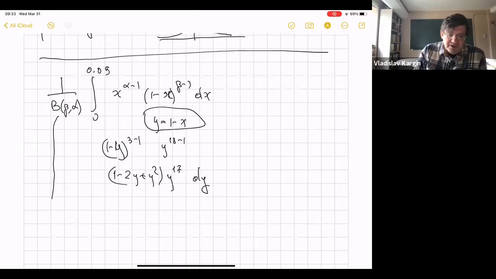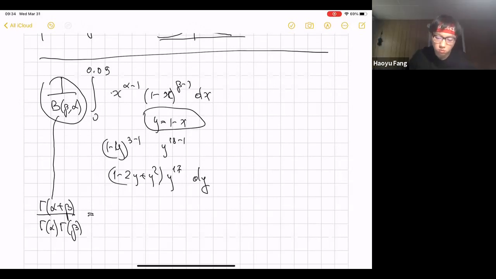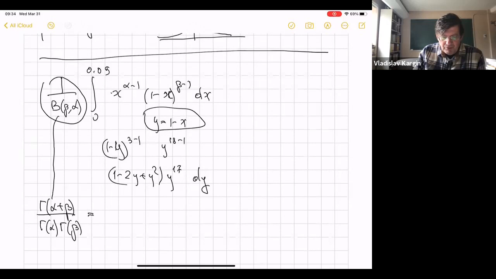What does the 1 over B(beta, alpha) in the front represent? This is a part of the density, and this thing altogether should be equal to gamma of alpha plus beta divided by gamma of alpha times gamma of beta. In this case, with 18 and 3, it's gamma of 21 divided by gamma of 3 times gamma of 18.